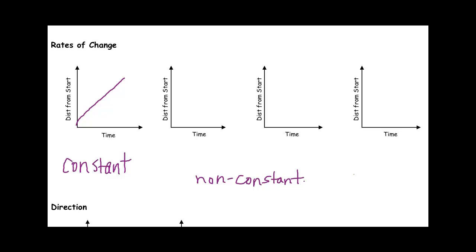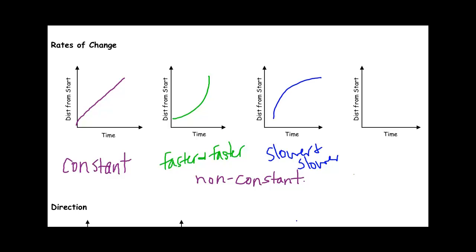So the first one, when we walked faster and faster, it actually shot up like this. And when we went slower and slower, it went like this. So remember that a curve means that we have a non-constant rate, and being a straight line means we have a constant rate.